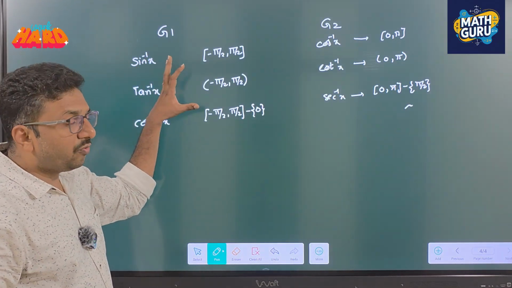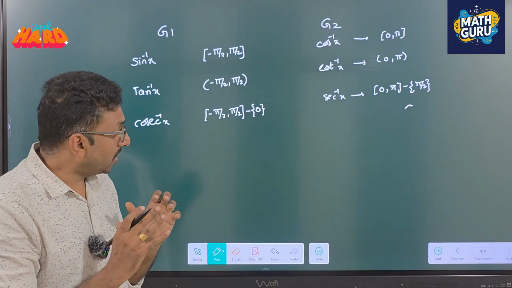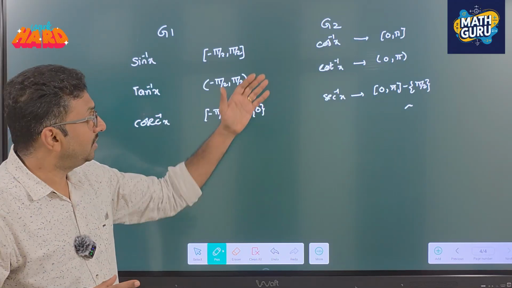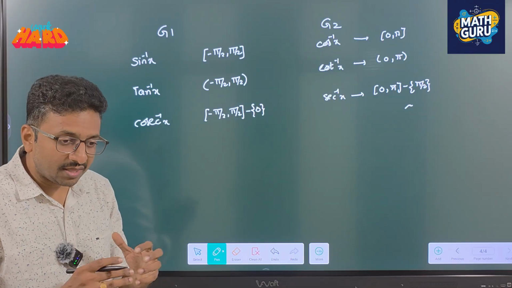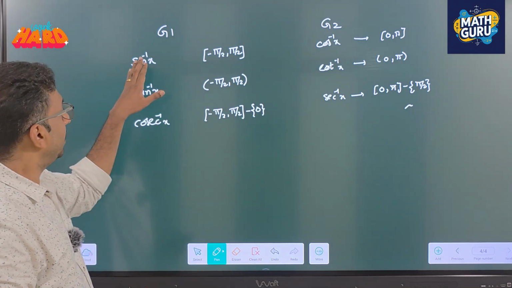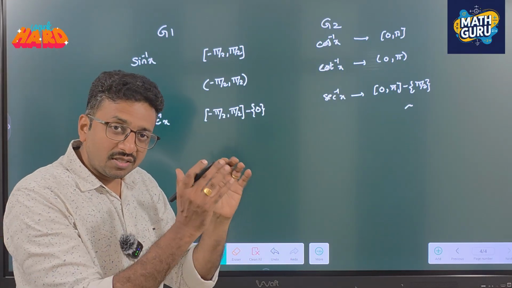Group 1 and group 2 have a basic difference in behavior. What is the basic difference? When positive numbers go inside these inverse trigonometric functions, the angles that come out are always in the first quadrant. For example, for sine inverse x, the positive numbers that can go in are 0 to 1.